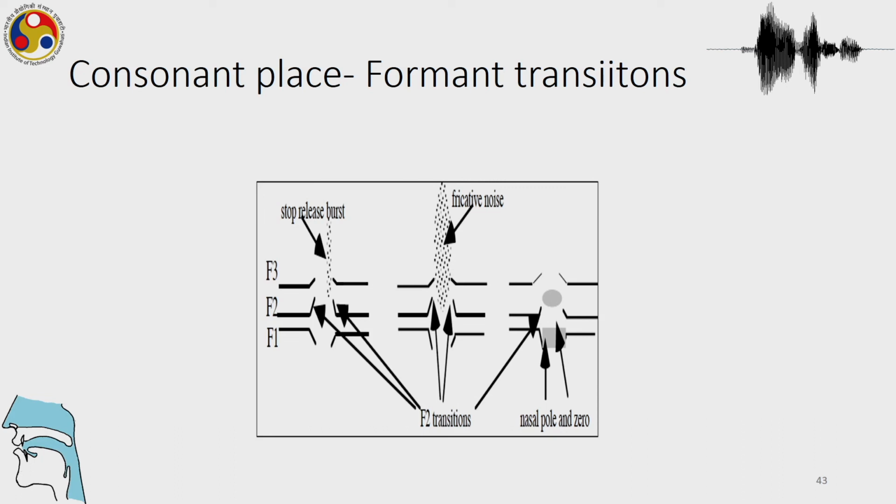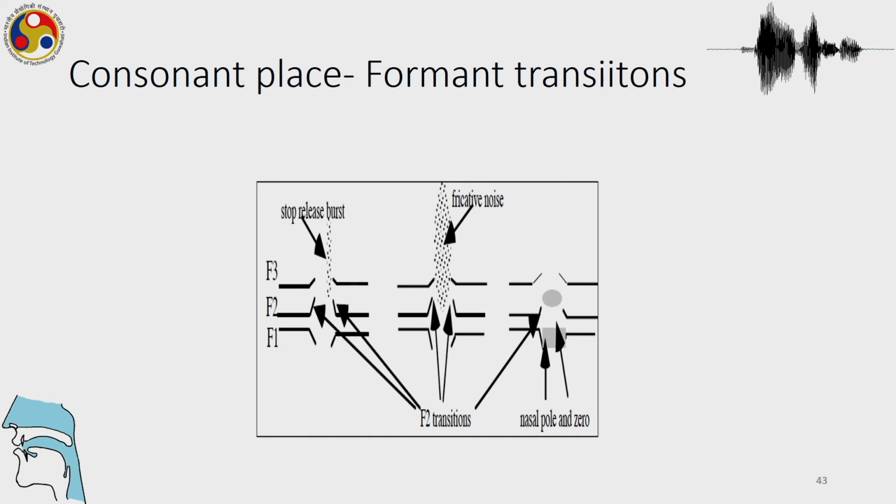However, the stop release burst is also a cue. For fricatives, the fricative noise is also a cue, and what you had seen in our classes on acoustic phonetics, nasal pole and zero, the attenuated formants around the F2 region, which we call the zero and the nasal pole, very low formant around F1, and also attenuated low energy zones.